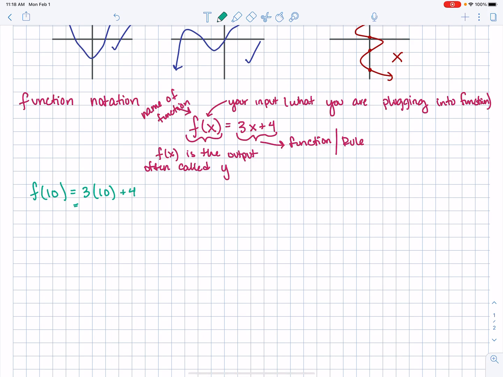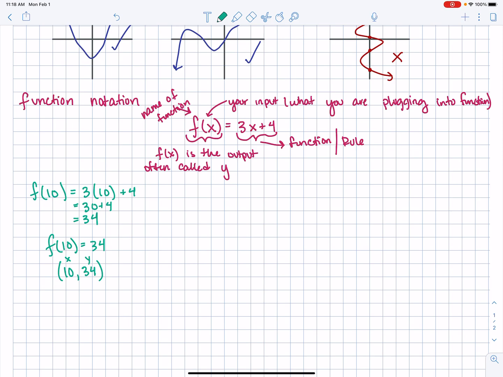Then, of course, we would simplify this. 30 plus 4, that's 34, meaning that f of 10 is equal to 34. You can also think of this as the point on the graph, (10, 34), with your x as 10 and your y as 34.